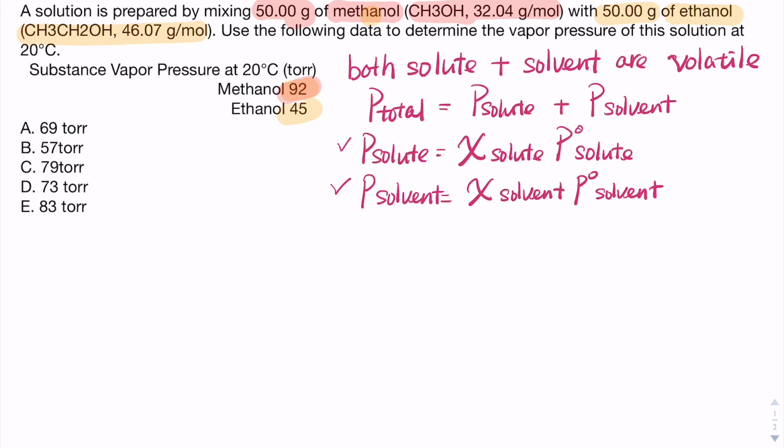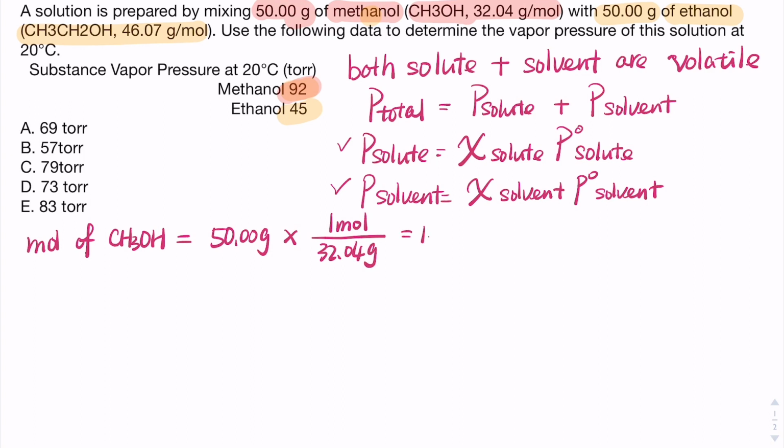We're going to start with the mole fraction of methanol. In order to figure that out, we need to know the moles of each. So the moles of CH3OH, methanol, will be 50 grams, and we do a conversion: 1 mole is 32.04 grams.